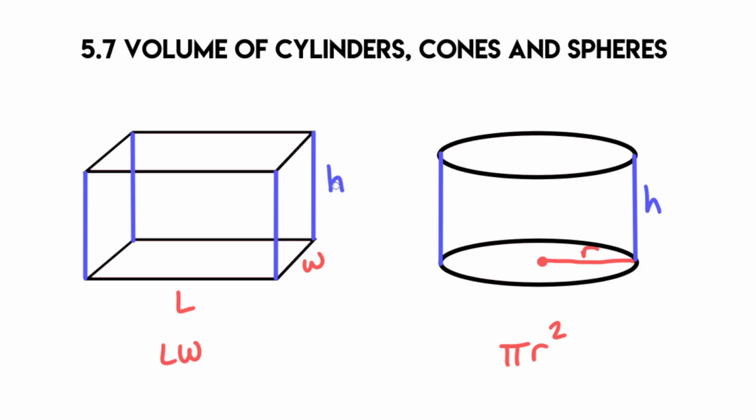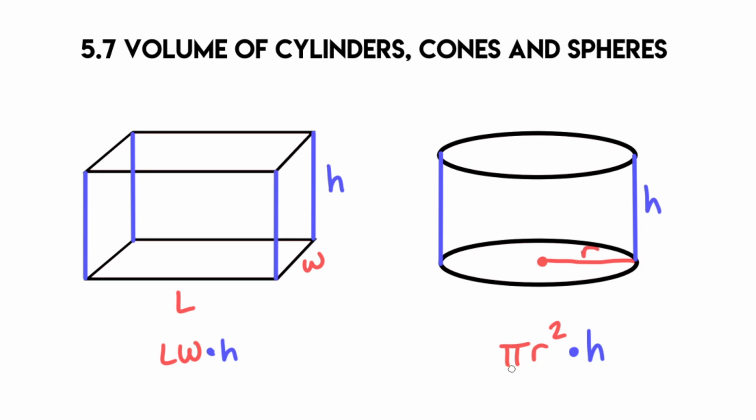Because we brought in this extra height, all we have to do to find volume is multiply this height by the original area. So for the prism, we have length times width times height, and for the cylinder, we have pi r squared times height.